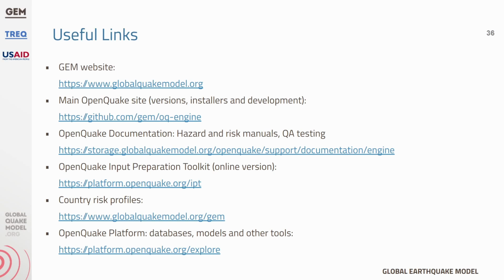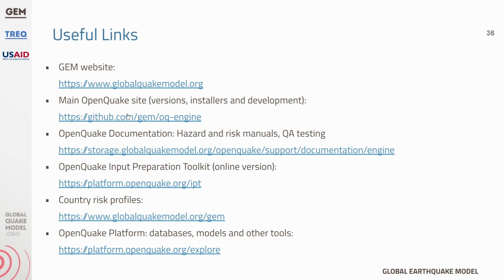Just to finalize, also remember that you can find very useful information about the OpenQuake software and complementary tools from the GEM Foundation in any of these links that I'm showing right here. So remember, you have the availability of the global risk and hazard maps in the Global Earthquake Model site.